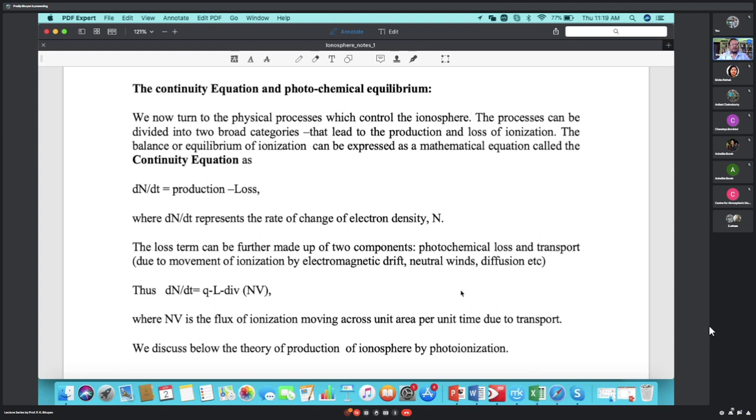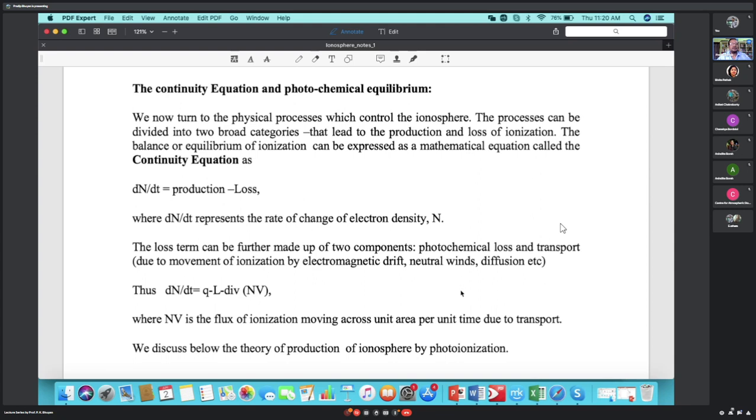The number of ions and electrons at any given time may be less if some of them go away, or maybe more compared to what it was at that point of time if ions and electrons from outside the box come in. So that is transport. Now, in the ionosphere and in the lower atmosphere also, winds are there. So in the ionosphere also, winds and other mechanisms are possible, and so transport is always there.